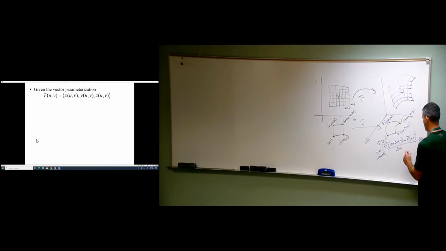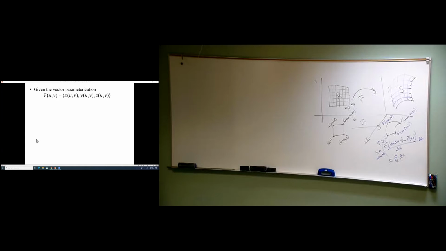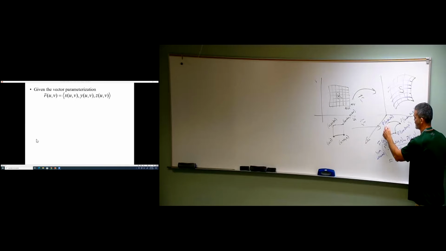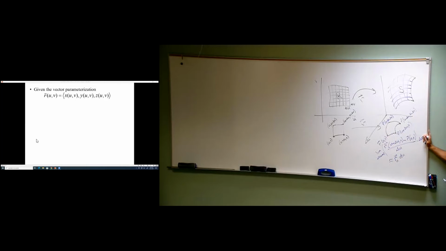So this is approximately r sub u, the partial with respect to u, times du, since delta U is going to 0. That gives us one side of the parallelogram. Very similarly, this side of the parallelogram would be approximated by r sub v.